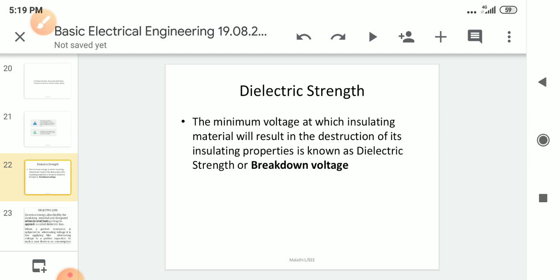Define dielectric strength, or what is a breakdown voltage, like that. Just read this definition one more time.